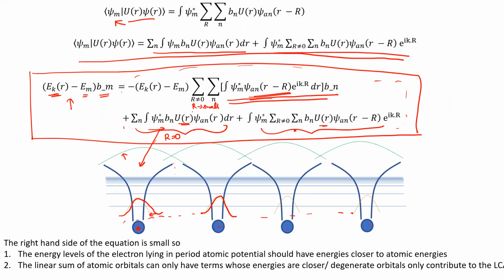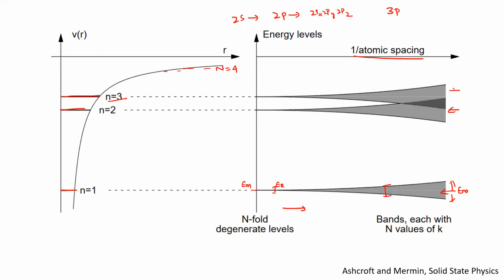Sorry, even in the same atom, even when R equal to 0, you will have non-zero values. So you will start to have spreading even when the atoms are slightly away. As you go higher and higher in the energy levels, you will start seeing spreading in the energy levels even when the atomic spacing is really large.